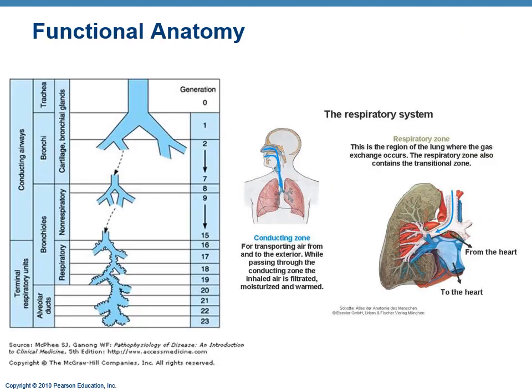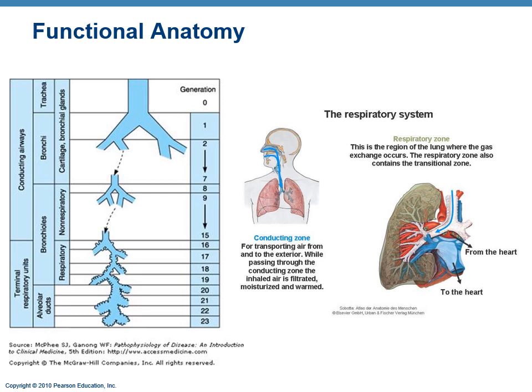In terms of the functional anatomy of the respiratory system, there's a conducting zone more superiorly and a respiratory zone more inferiorly and laterally. The conducting zone is for transporting air from and to the exterior. While passing through the conducting zone, the inhaled air is filtered, moisturized, and warmed.